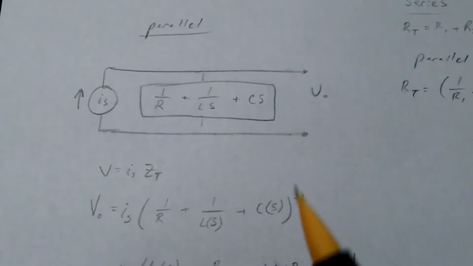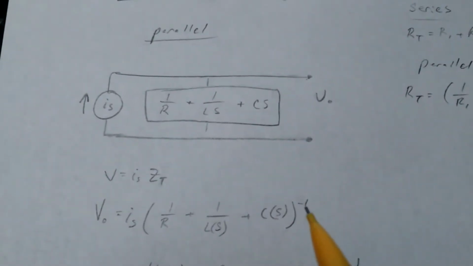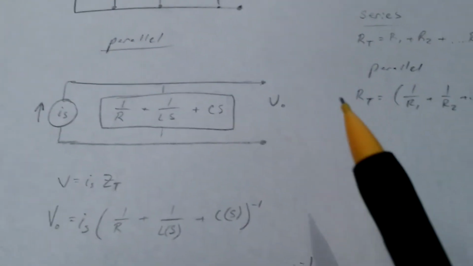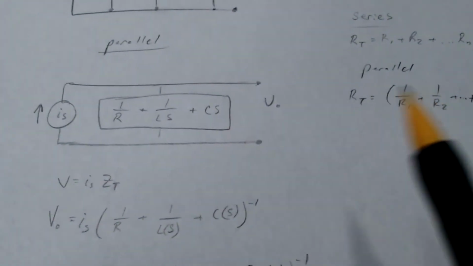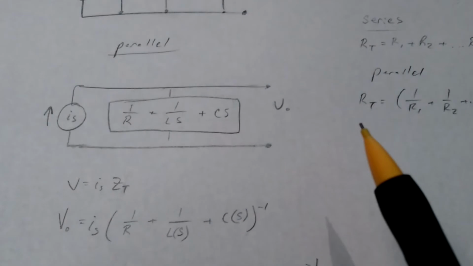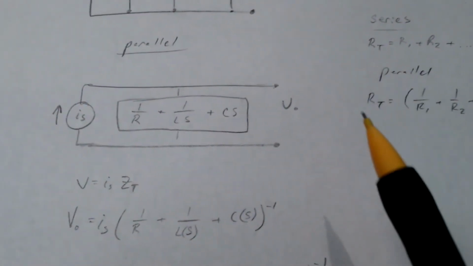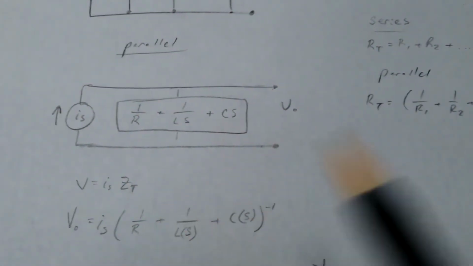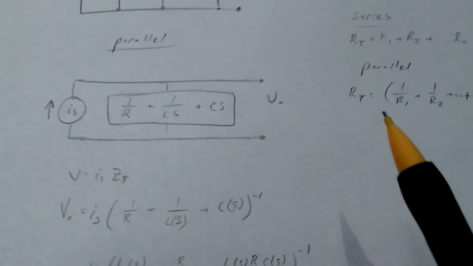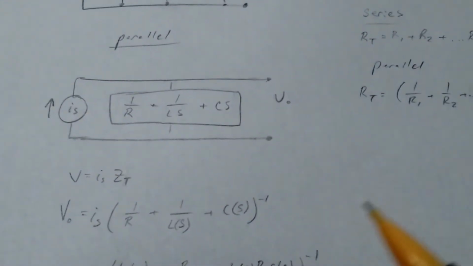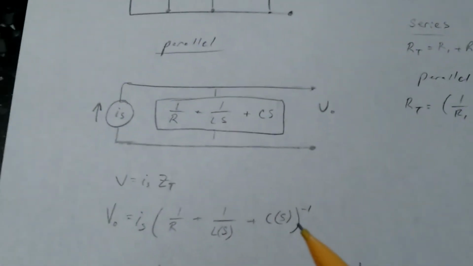One thing to note is this -1 here, because without the -1, this total resistance is 1 over the total impedance. So by taking the inverse, you're putting it back into, let's say, a whole number as opposed to a fraction.